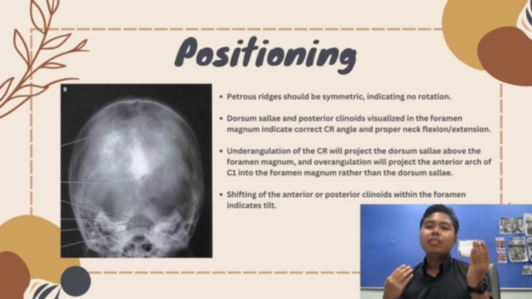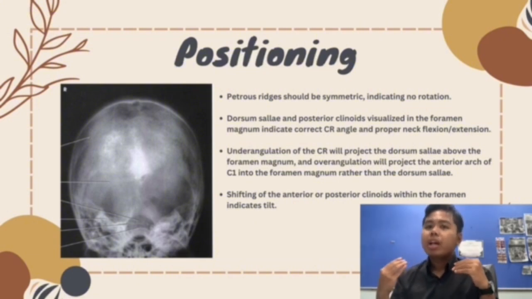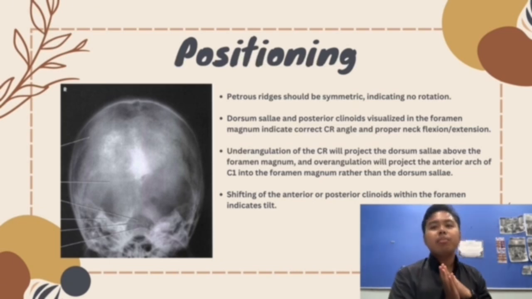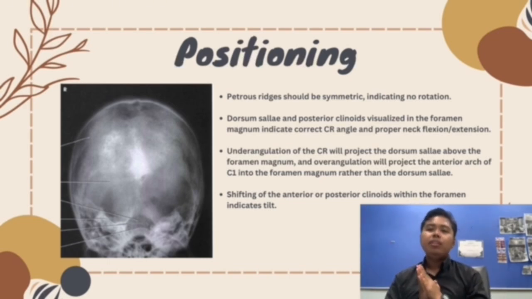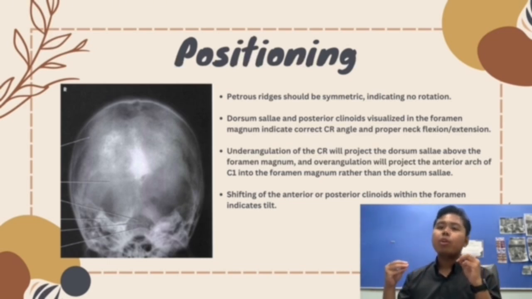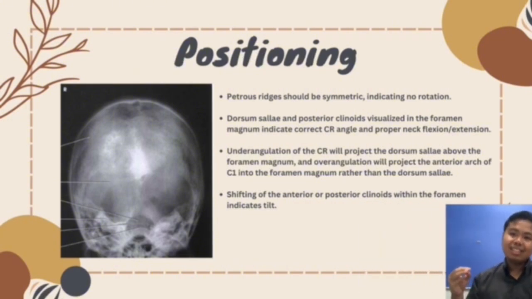The third one is underangulation of the CR will project the dorsum sellae above the foramen magnum, and overangulation will project the anterior arch of cervical 1 into the foramen magnum rather than the dorsum sellae. And the last one is shifting of the anterior or posterior clinoids within the foramen indicates tilt.